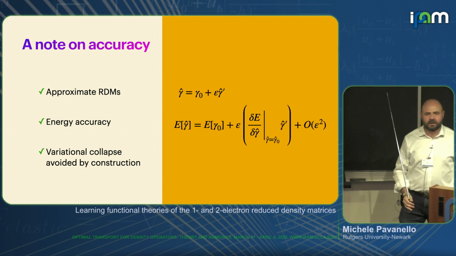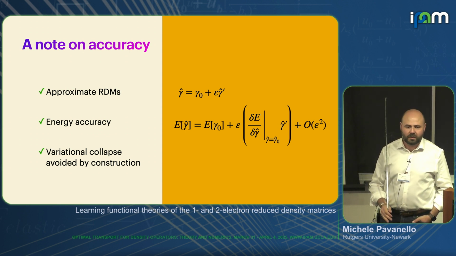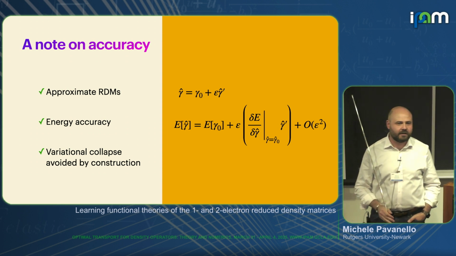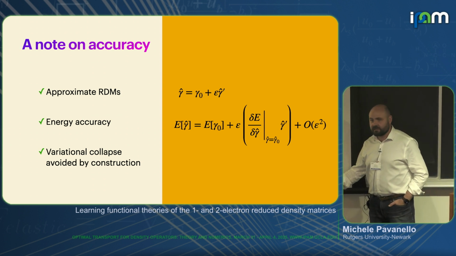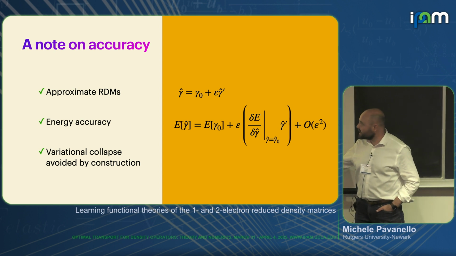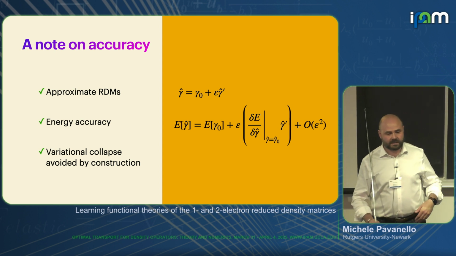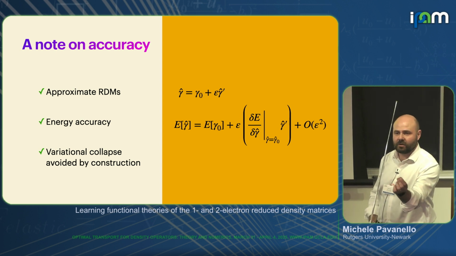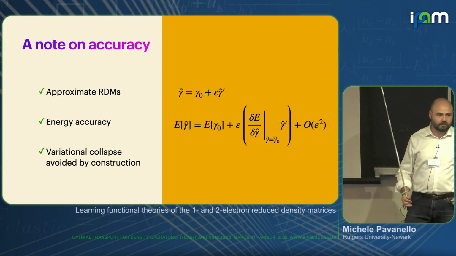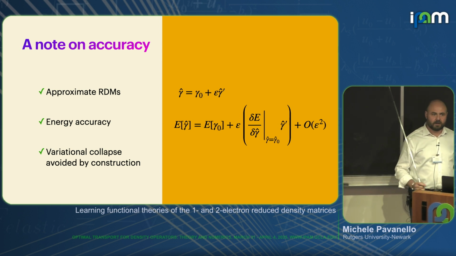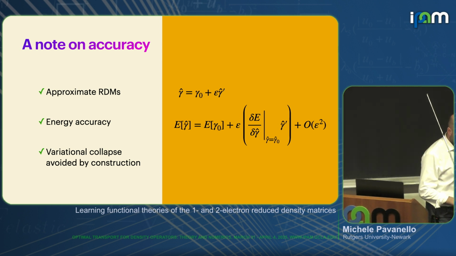If your wave function is accurate up to first order, your energies are accurate to second order. And same here, because we have that gamma 0, in this case, we're assuming is the gamma that minimizes your true energy functional, and therefore this derivative is 0. And all you're left with is a quadratic part. Okay.